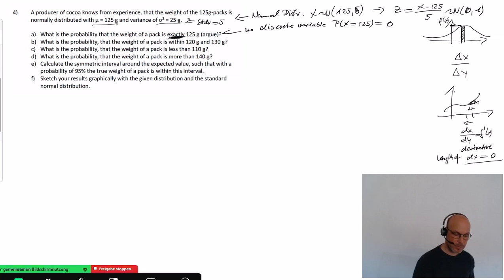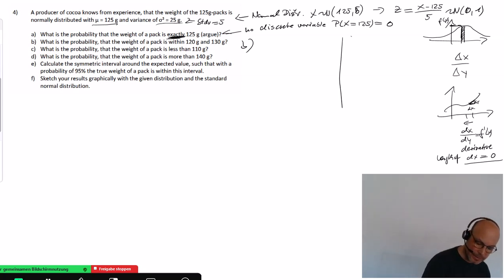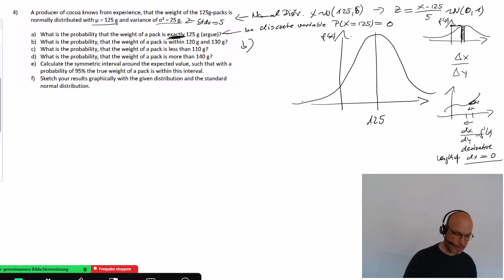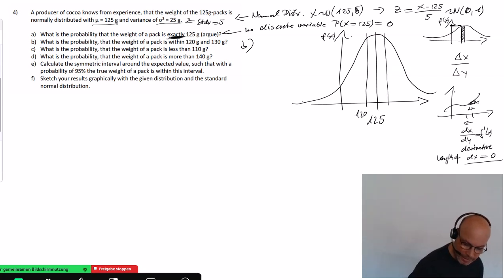Now b, I think through this we can go a little bit faster. Drawing again our diagram, f of x, 125, and around it 120, 130.